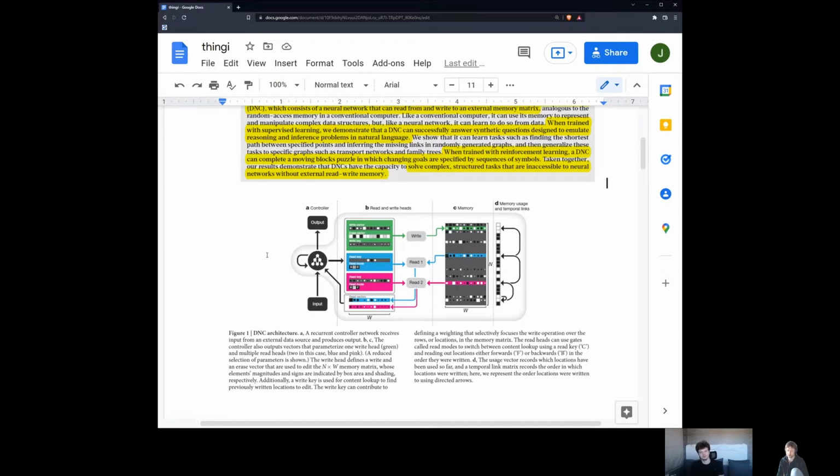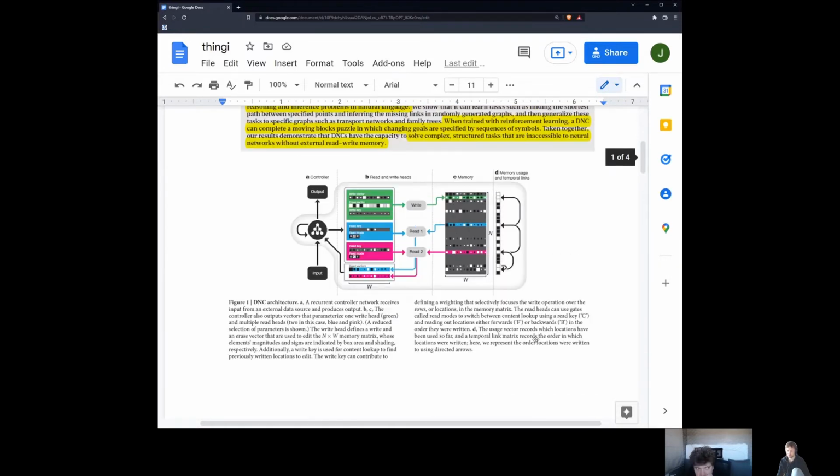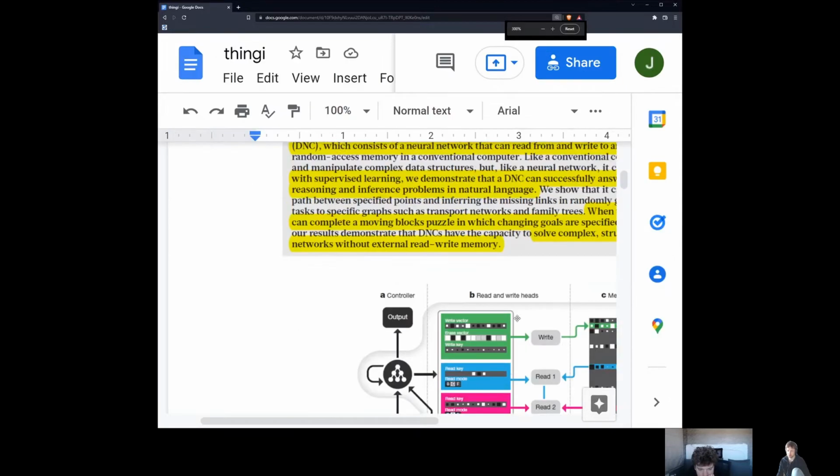So if it was trained to copy 10 times, and then at test time asked to copy 20 times, it did quite well compared to the next best thing, which was long short-term memory. But yeah, I guess we can start with how the network works this time.